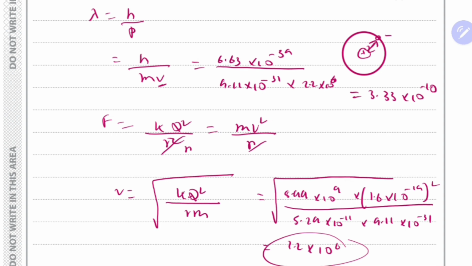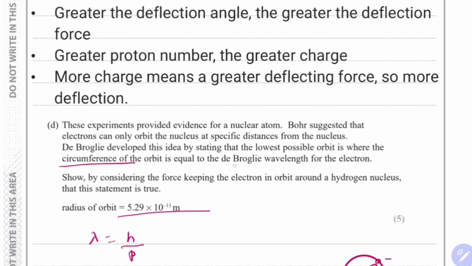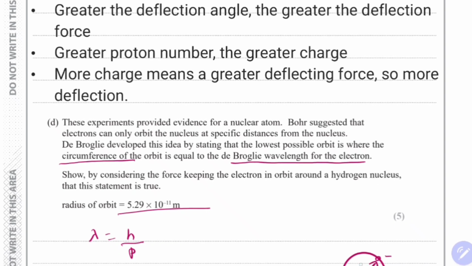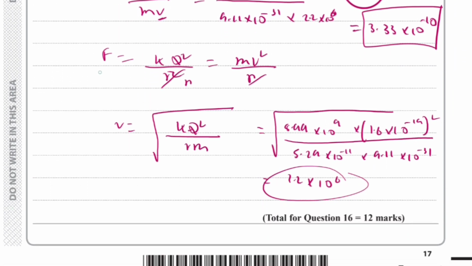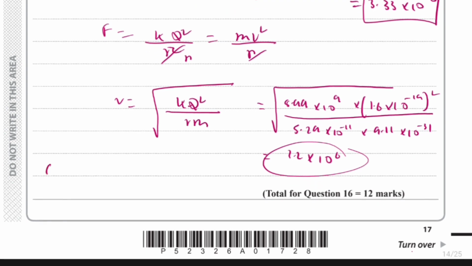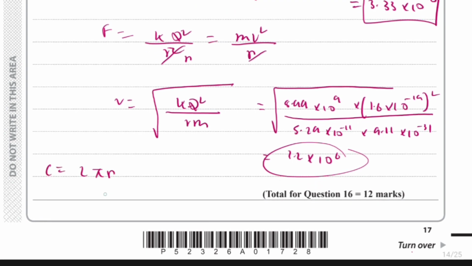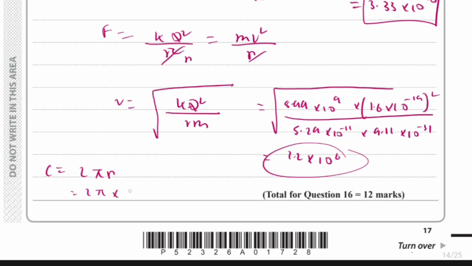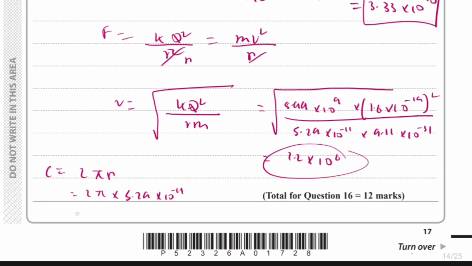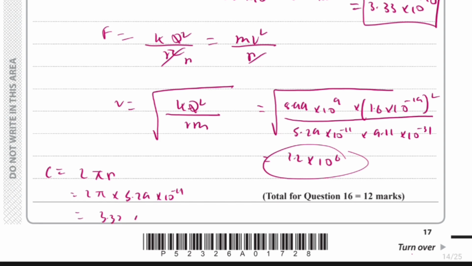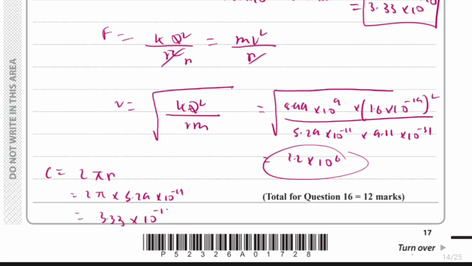They are saying the circumference is equal to the de Broglie wavelength. We found the de Broglie wavelength. Now we need to find the circumference, which is c equals 2 pi r. 2 pi into, we have the r there. Indeed, the answers are the same.